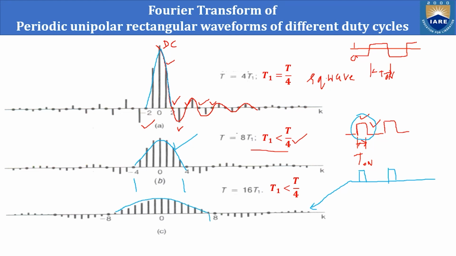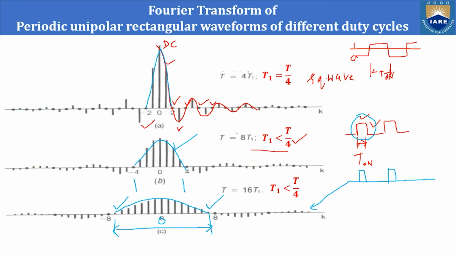So as the pulse width reduces, the spectrum between the first null on the left-hand side and the first null on the right-hand side, about the 0 axis, about the DC value, is widening. That is what happens.